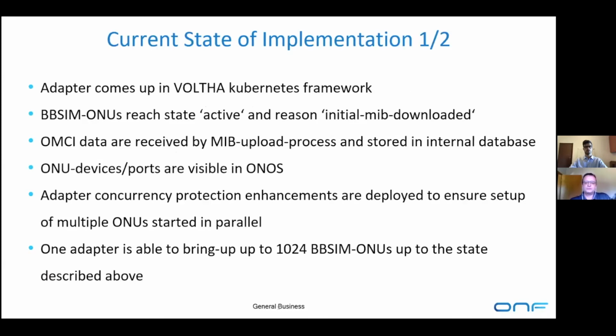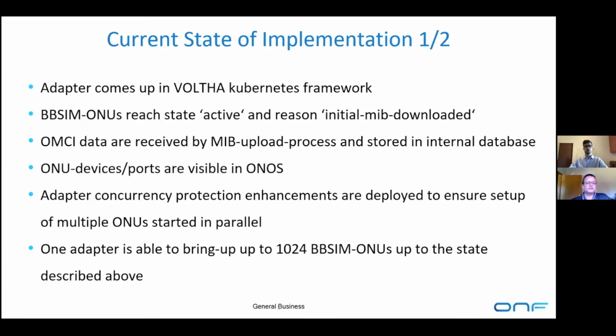To give you an impression of the current state of implementation, the following 2 slides list the features already implemented for the new Golang adapter. The Golang adapter comes up in the VOLTHA Kubernetes framework. The BBSIM ONUs reach the state active and reason initial MIB downloaded. The OMCI data are received by the MIB upload process and stored in an internal database, not etcd yet.